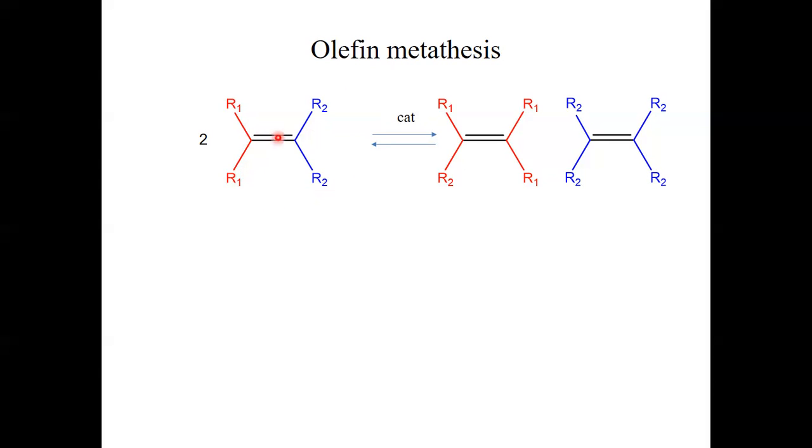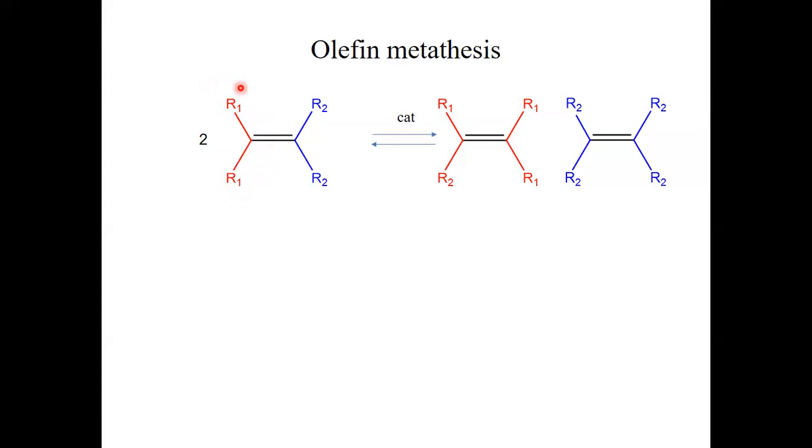We have an olefin here with different substituents. Here these red ones are R1 and these blue ones are R2. Olefin metathesis with this molecule would mean that we cleave the carbon-carbon double bond in the middle and recombine the fragments in a different way.